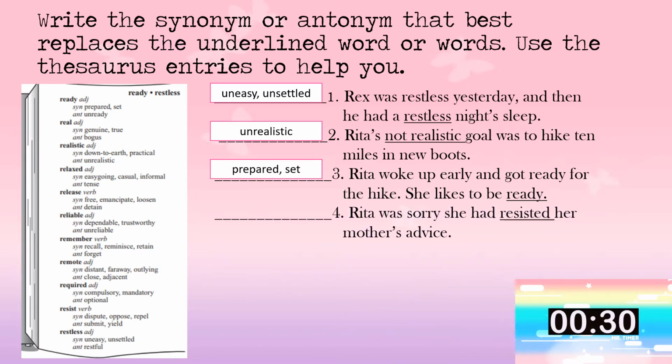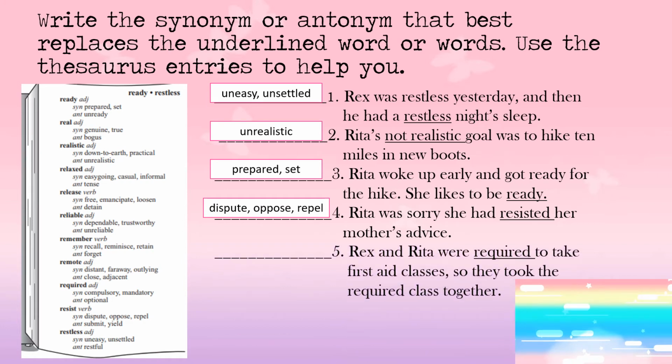Number 4. Rita was sorry. She had resisted her mother's advice. Time starts now. Time's up, and the answers are dispute, oppose, repel. Number 5.